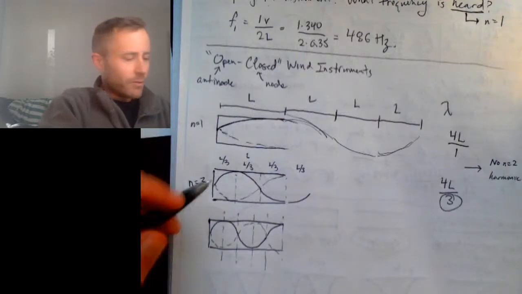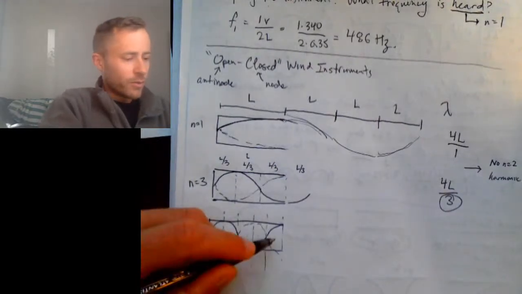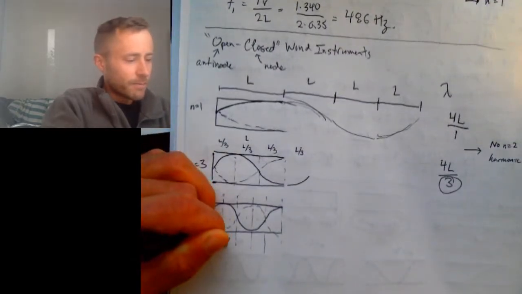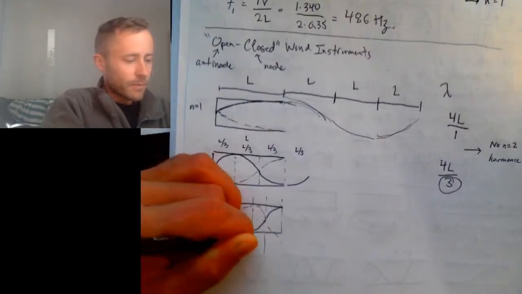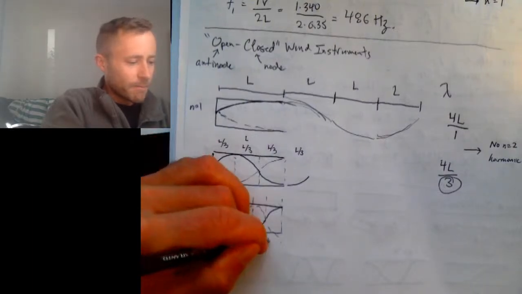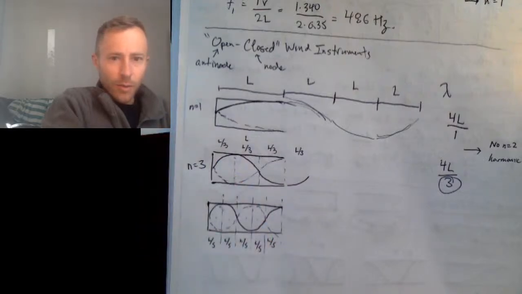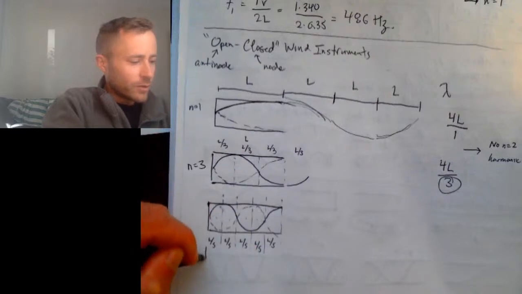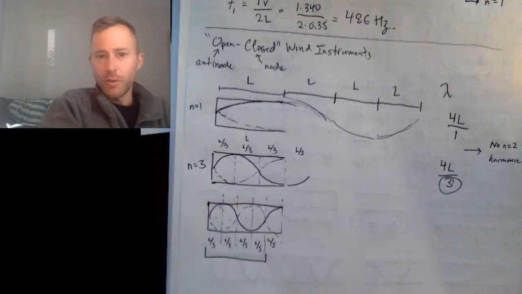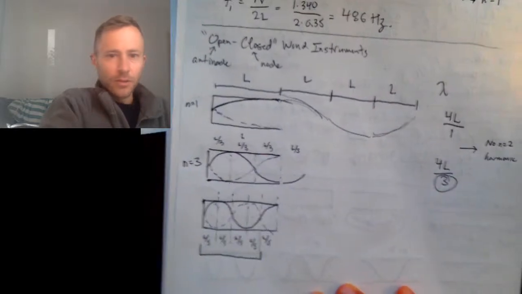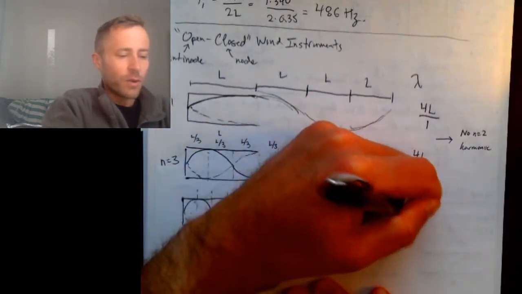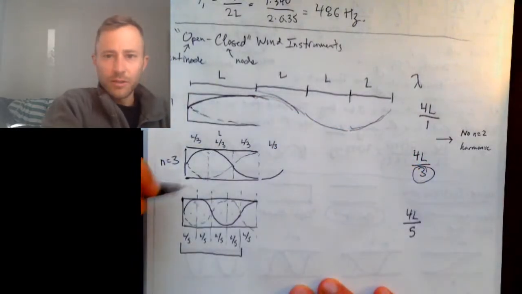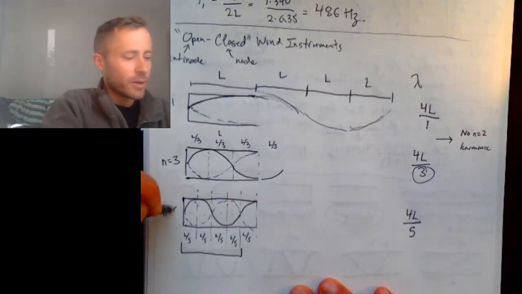Because I've divided it up into 1, 2, 3, 4, 5 segments, each one of these is L over 5. A full wave has a full crest and a full trough, so it's going to include these 4 segments. So the wavelength of this harmonic is 4L over 5. For that reason, this is called the 5th harmonic.